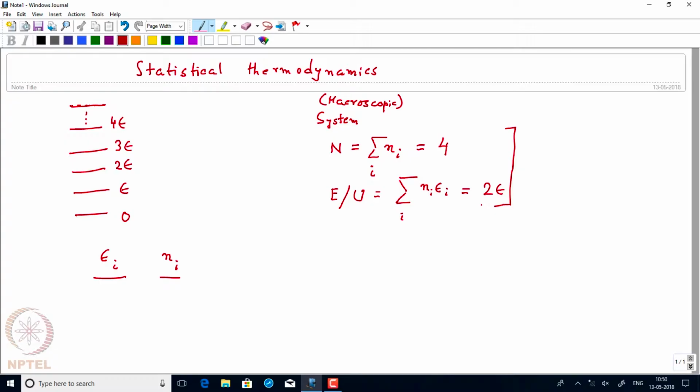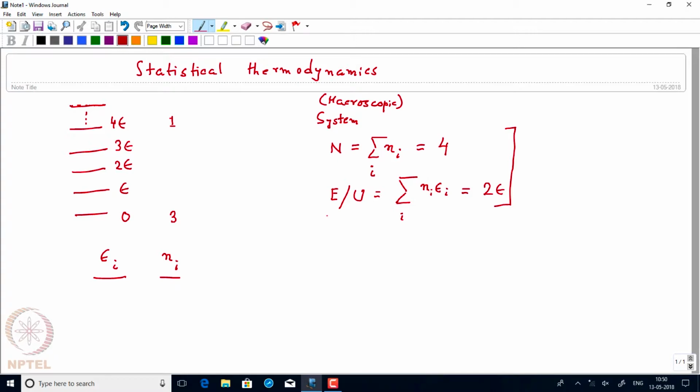Suppose I have these 4 particles, and I have to arrange them in these energy levels so that the total energy is 2 epsilon. Now how can I do it? One easy way is that I can keep one particle, let's say here, in the energy level 4 epsilon, and all 3 particles I can give at energy level 0.